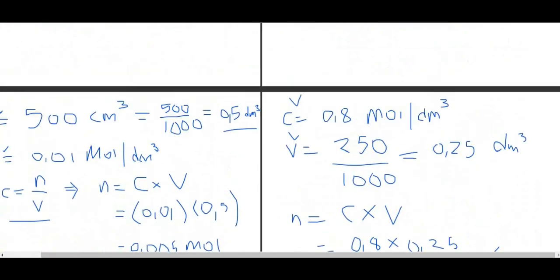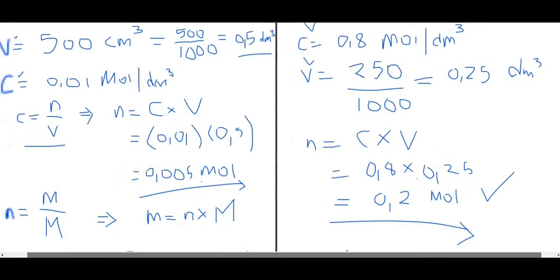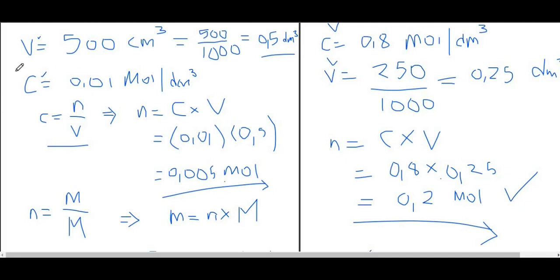These types of calculations are very straightforward, and you will need to know how to calculate them. So when you are given the concentration or the volume, be able to calculate the number of moles, and also from the number of moles and molar mass, be able to calculate the mass.